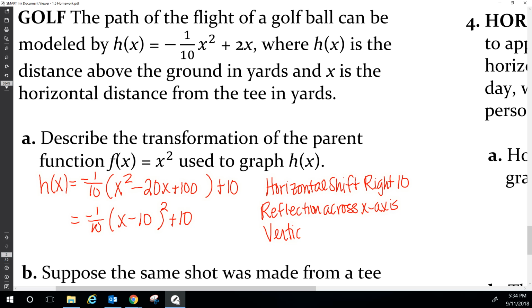And it does what it says. It says compress it by 10, so I'm going to say compression by 1/10. And then out here behind, I've got another vertical transformation. This time it's a shift, vertical shift up 10.